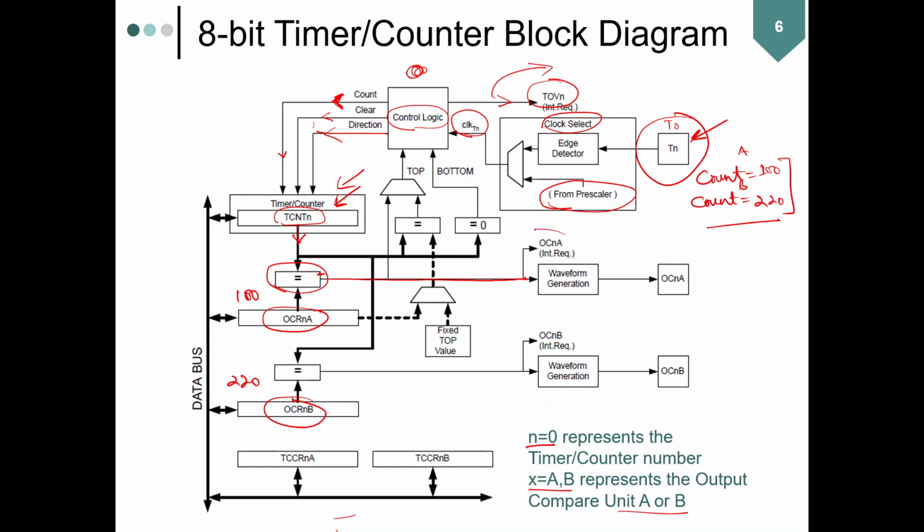One is output compare A, for interrupt purposes or to the waveform generator module, which is used to generate the PWM output. And it again goes to drive this also. What it does is that it then rolls over the timer for the count.